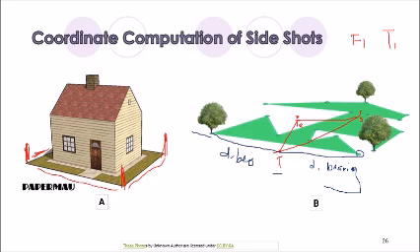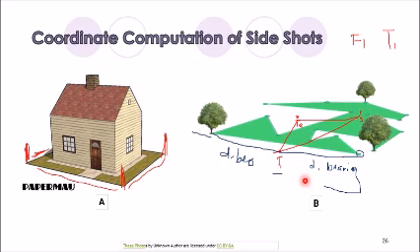Later you transfer to T2, and then you observe this corner, and then maybe this corner, this corner, or all corners that are visible at T2. And then at T3, you also observe the corners that are visible at this station.